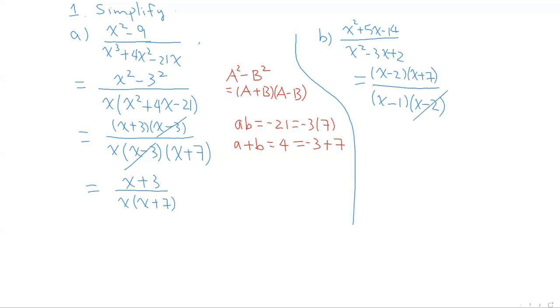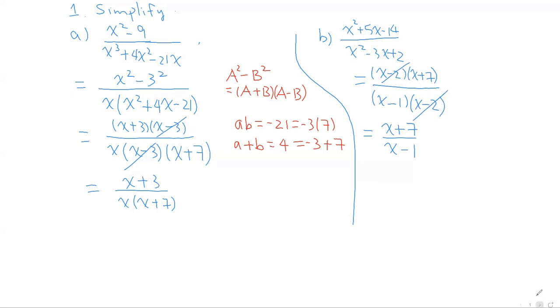So we cancel the common factor x minus 2. So this one is x plus 7 over x minus 1. So now we know how to simplify rational expressions.